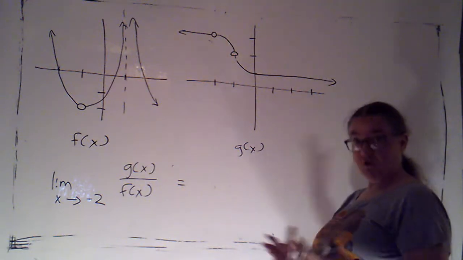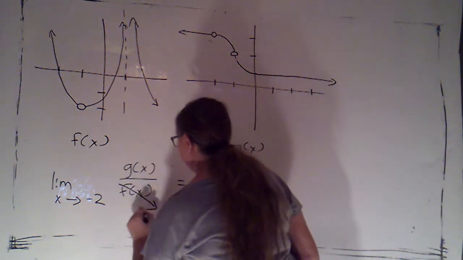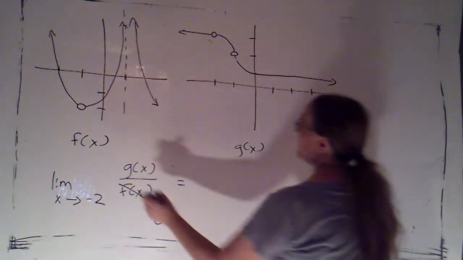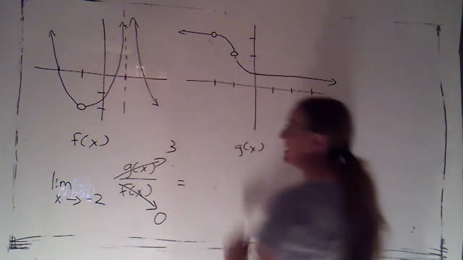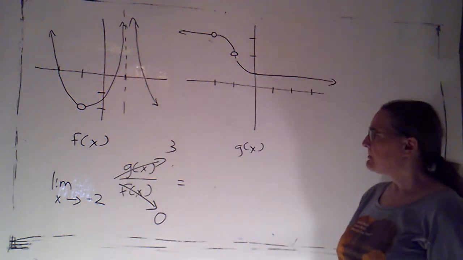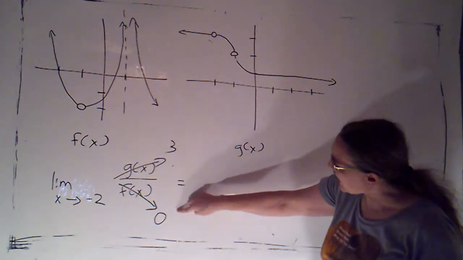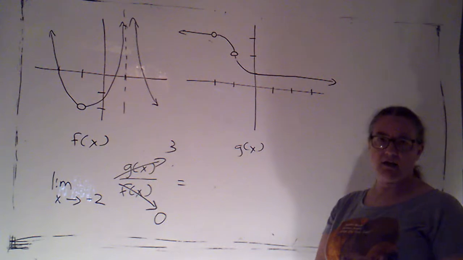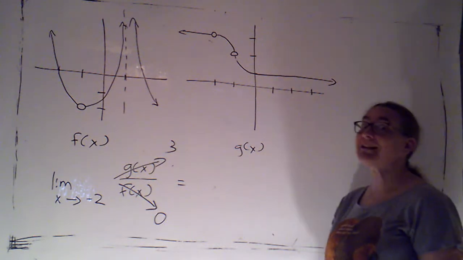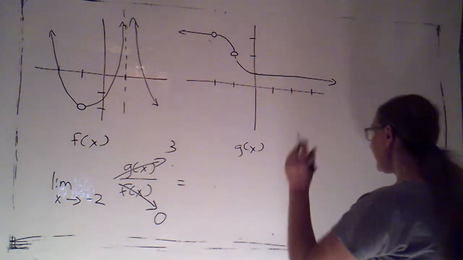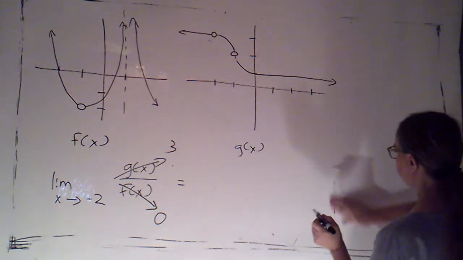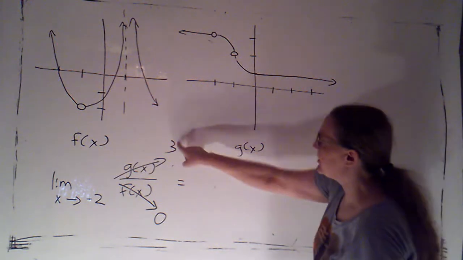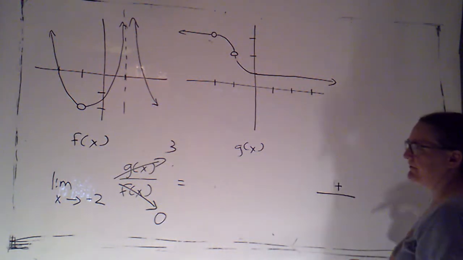Here, I could use my arrow notation. So I could say that's going to 0 and that's going to 3. So I've got a situation where the bottom is going to 0 and the top is going to 3. I would do my sign check here. If I look at the top, if it's close to 3, it's going to be positive.